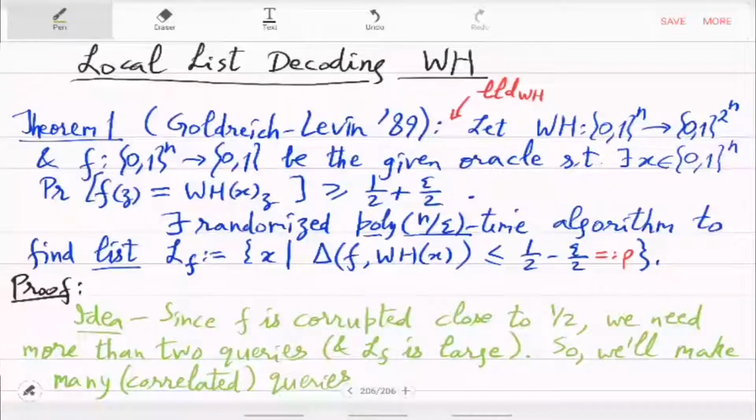We'll make many correlated queries and we will guess the answers. So this guess will be basically using the advice.